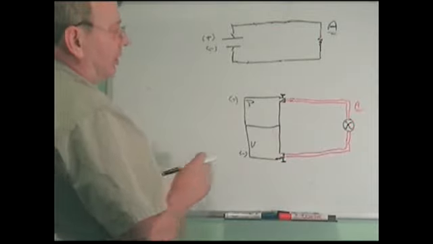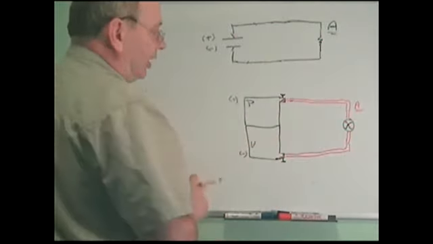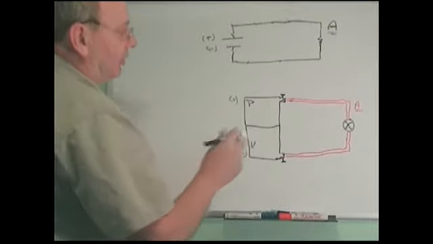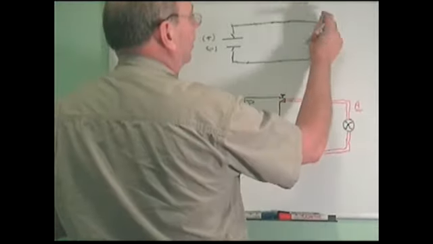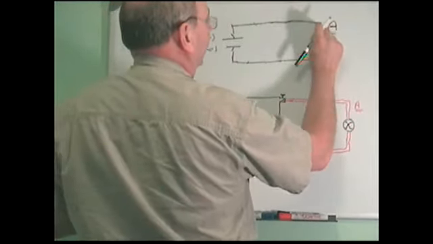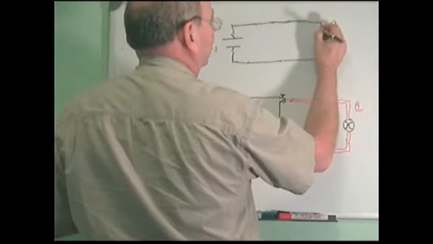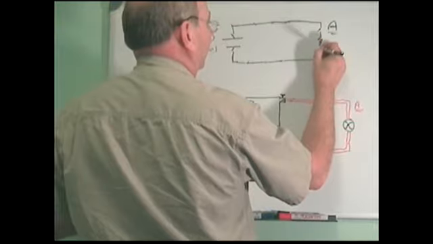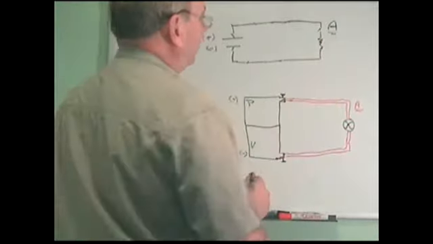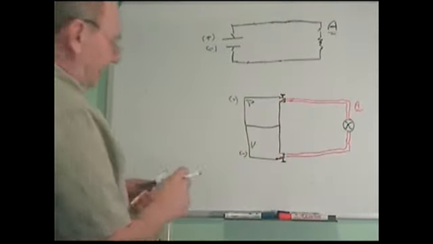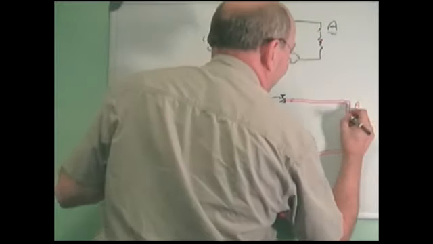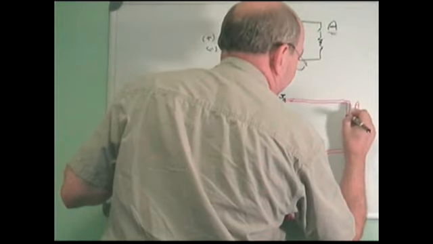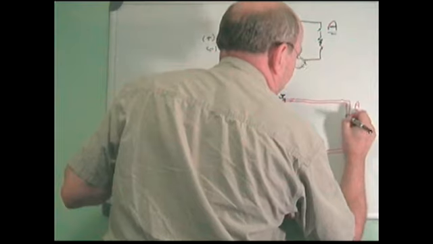Okay, so if we were to connect this up, and what I want to do here for a second, let's put another switch in here right at the resistor. We'll see why we're doing this. It makes it a little bit easier to explain what's going on. Okay, so let's put a switch in there, and that would be the same as let's put a valve right here.